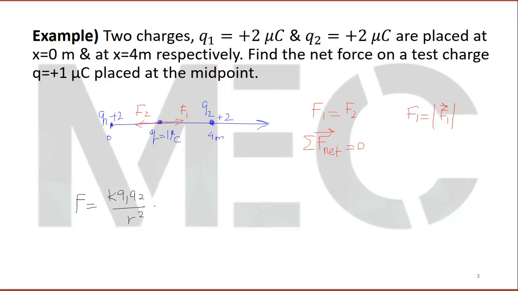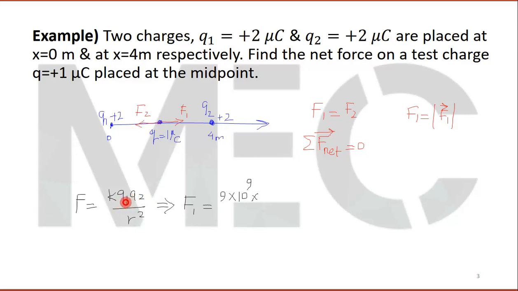For example, if I want to calculate F1, K is 9 times 10 to the 9. F1 is, let me substitute Q1 and Q2.